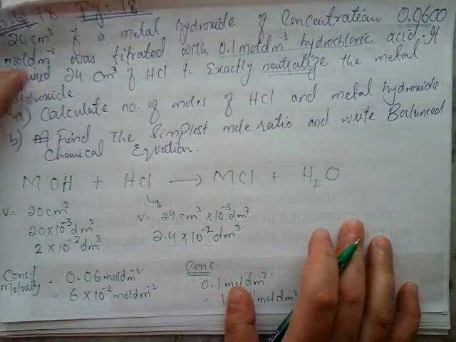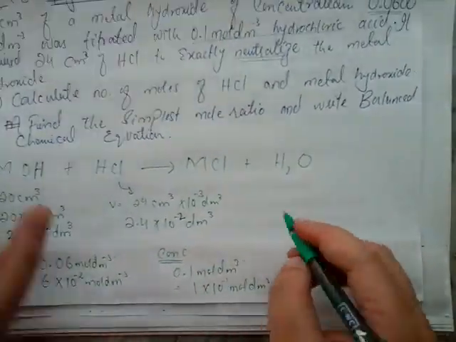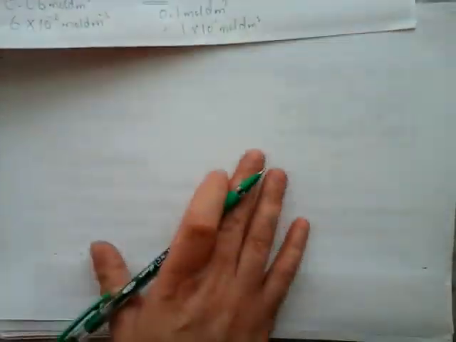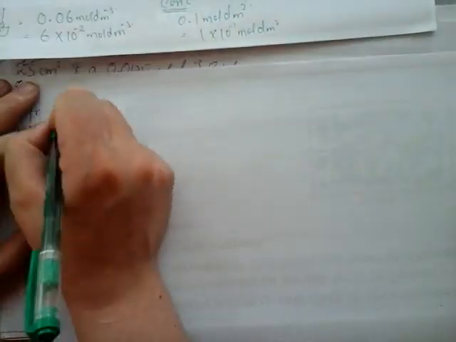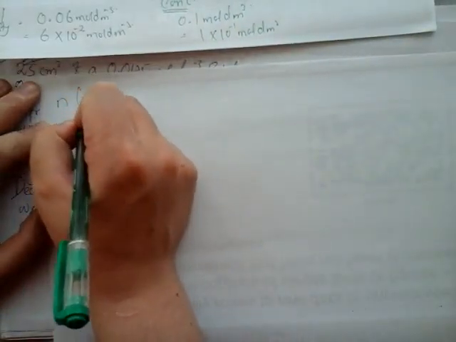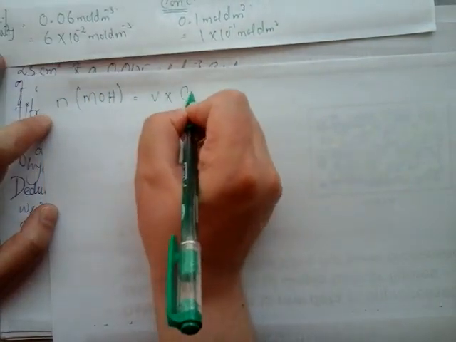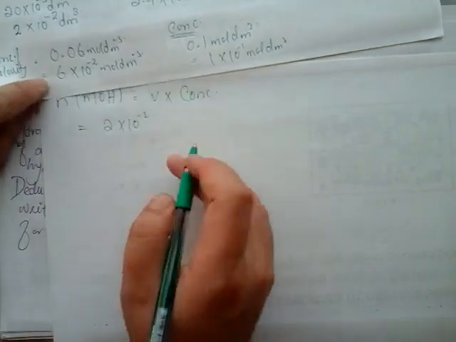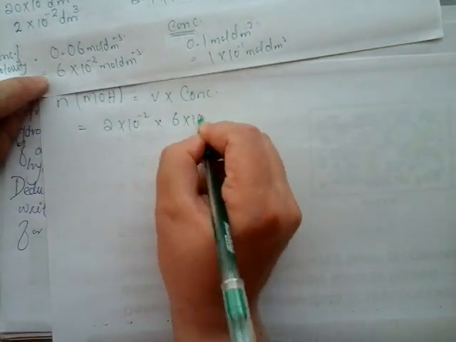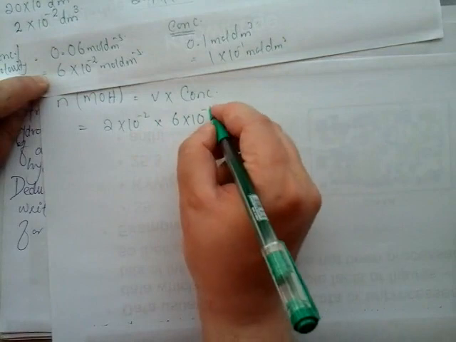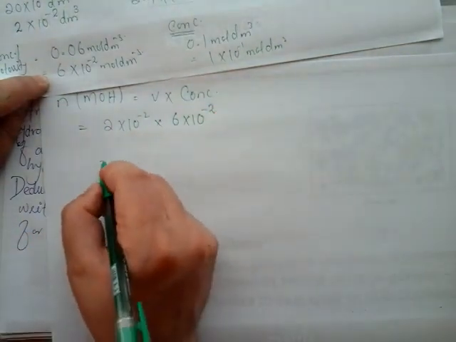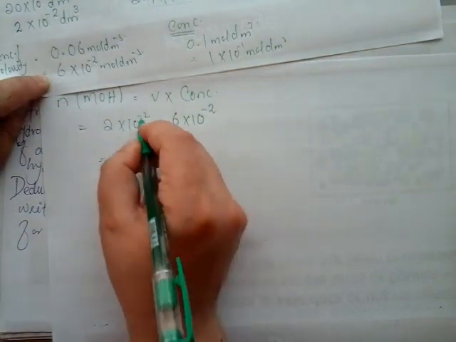Is that clear? So if I want to find the moles of metal hydroxide, it is equal to its volume multiplied by concentration. Volume is 2 into 10 raised to power minus 2, and concentration is 6 multiplied by 10 raised to power minus 2 as well. So 6 times 2 is 12, and minus 2 minus 2 is minus 4 moles.